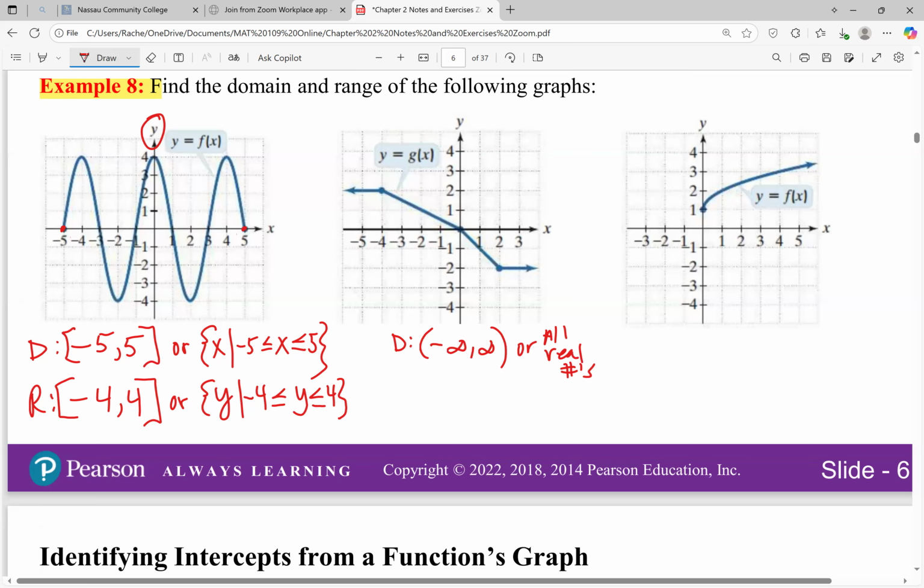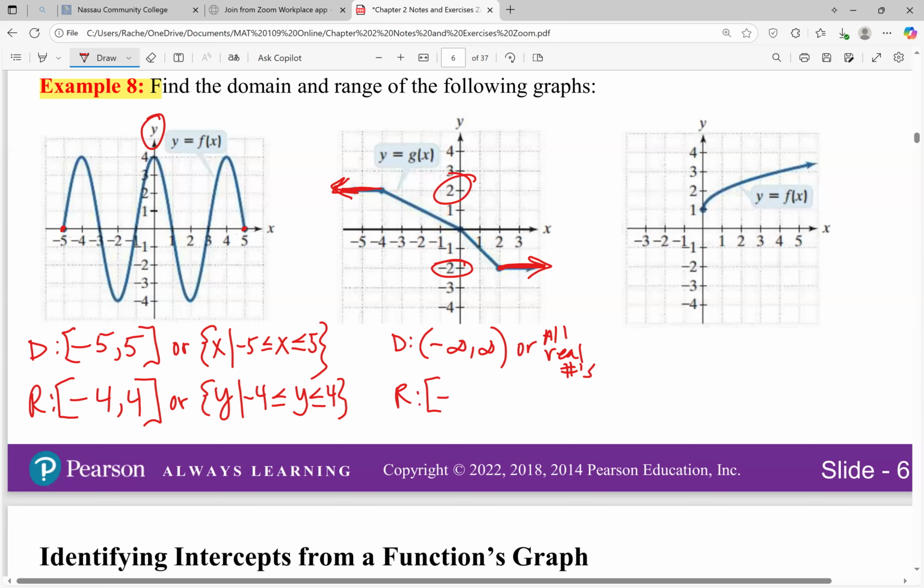Now let's look at the range. So I see my graph never goes below -2, right? It's equal to -2 over here. And it never goes above +2. So my graph, in terms of the range, can be anywhere from -2 to +2.